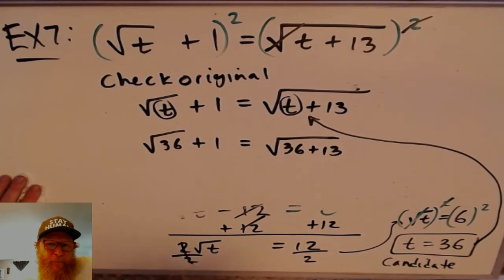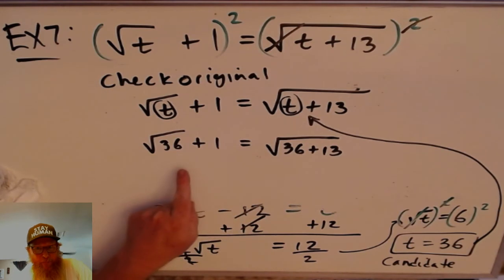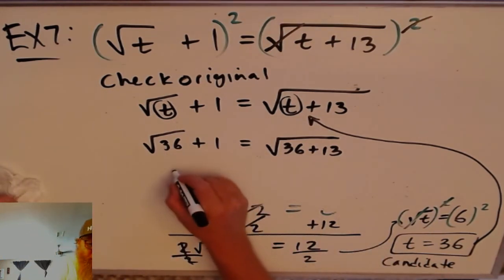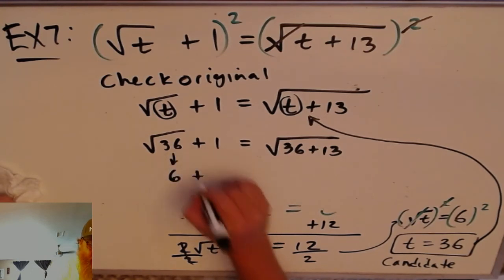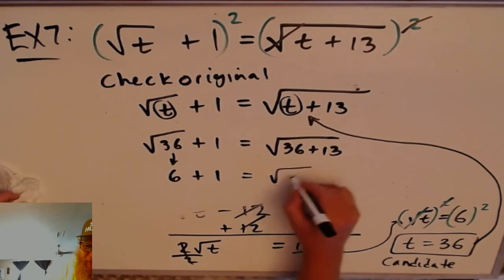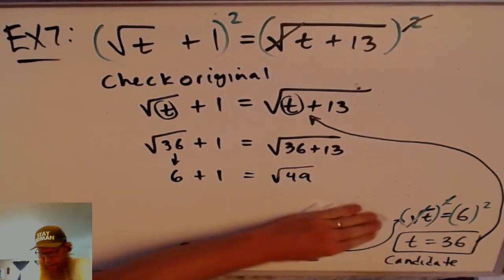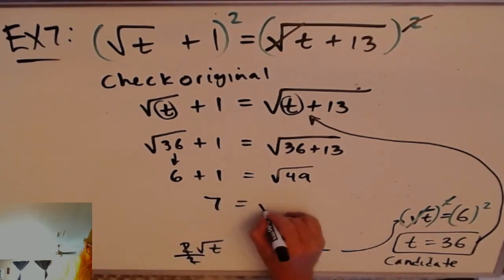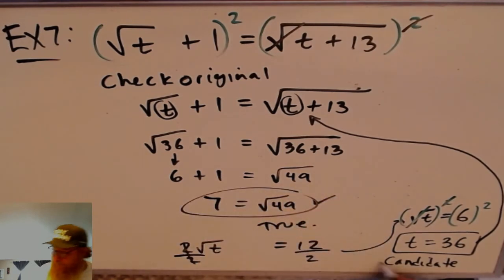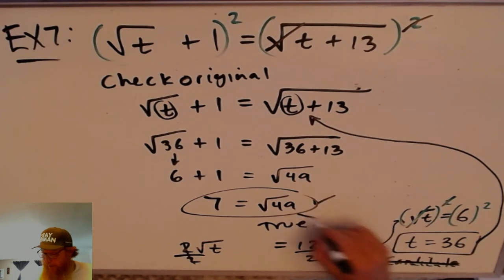Can you see that it's true? If you see it's true, you can stop right now. Maybe you want to go one more step. 36 becomes 6. The square root of 36 is 6. 36 plus 13 is 49. And 7 does equal the square root of 49. That is true. So this is a valid solution.